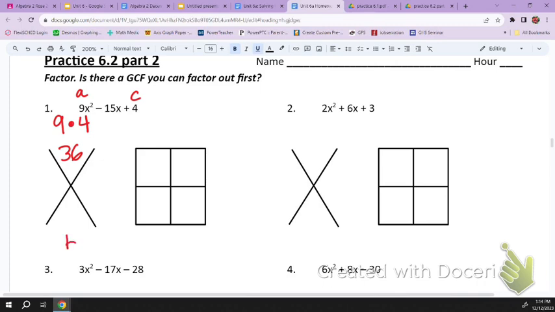I'm still going to put my B value in the bottom. What's my B value? I'm still going to put 9x squared here and a positive 4 here. And now I'm thinking, what two things multiply to be 36 but add to be negative 15?